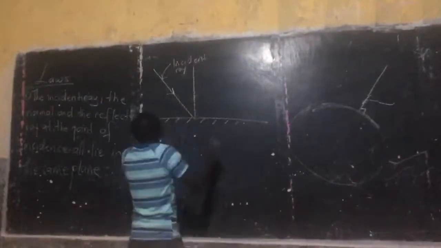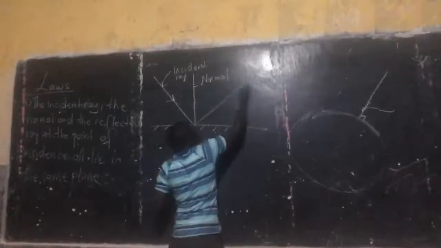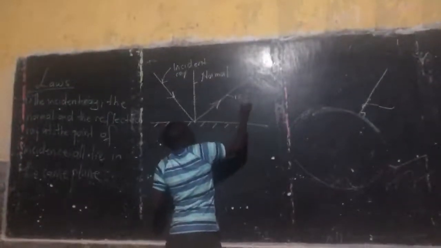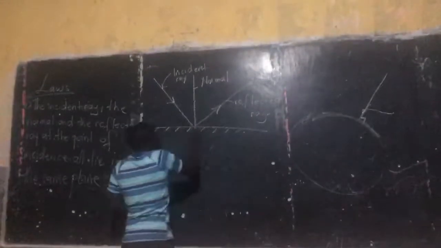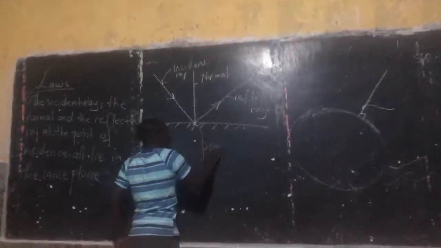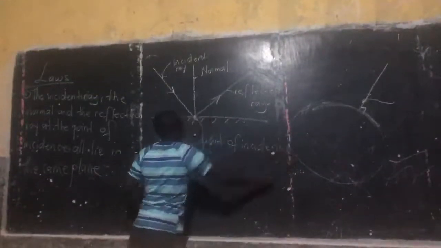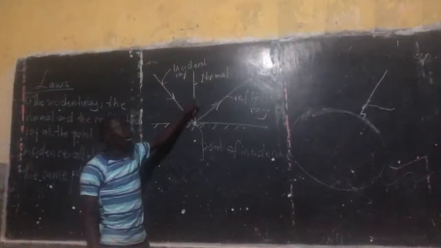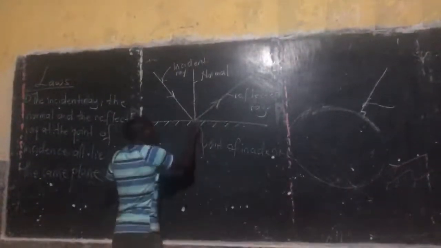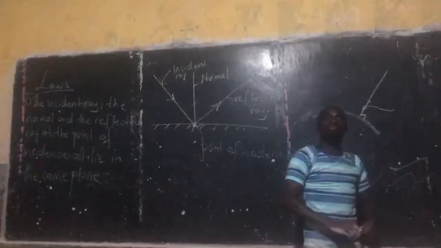So the incident ray, the normal, and the one which goes back, the reflected ray. The point is the point of incidence. So the incident ray, the normal, and the reflected ray at the point of incidence all lie in the same plane.